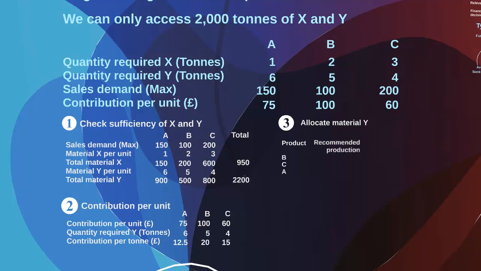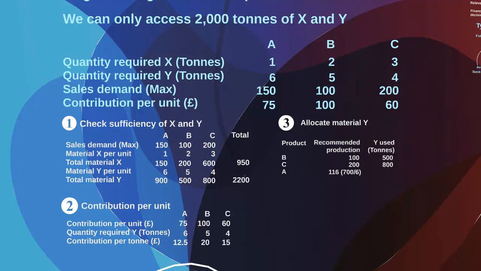So the recommended production is 100 of product B, because it has the highest contribution per ton, which uses 500 tons. And then for C, we recommend making all 200, giving us a total usage of material Y of 800.